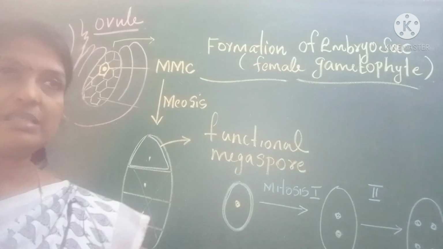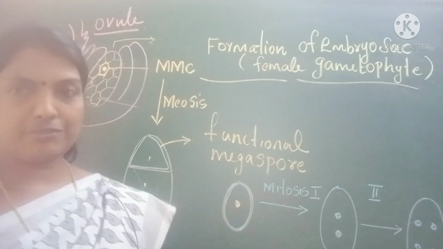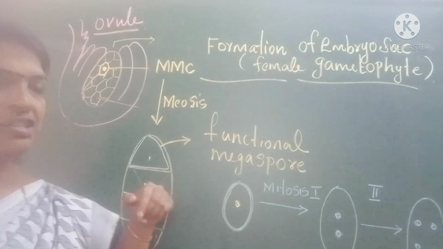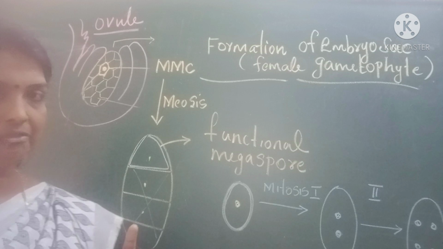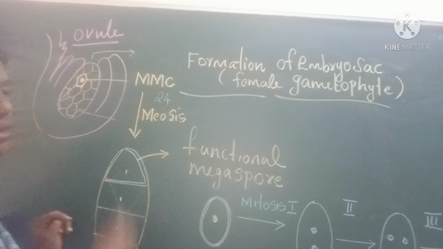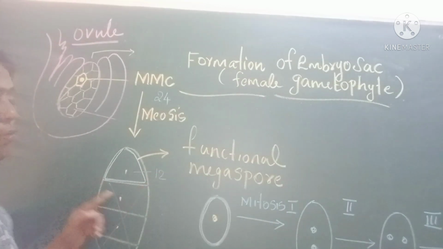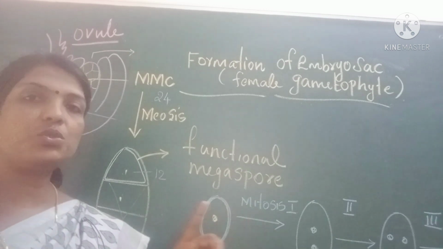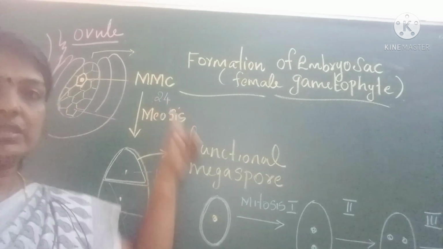Mitotic division means simple division: 1 cell becomes 2, then 2 cells become 4. That division is called mitosis. Meiosis means reduction division, where 1 cell becomes 4 cells and the chromosome number becomes half. Suppose the megaspore mother cell has a chromosome number of 24, each megaspore should have only 12. But in mitosis, there is no change in chromosome number. That is the main difference between meiosis and mitosis.